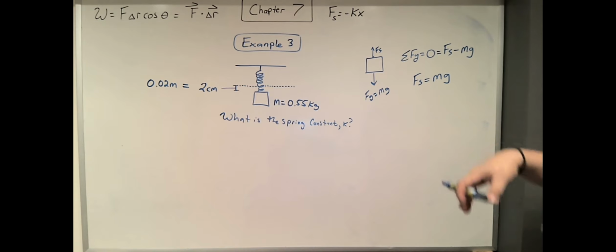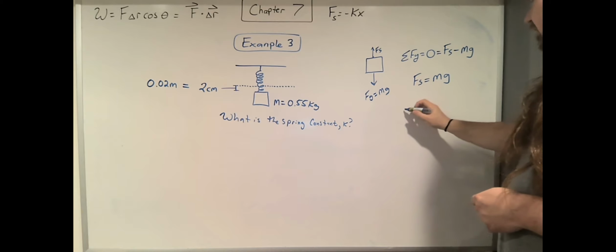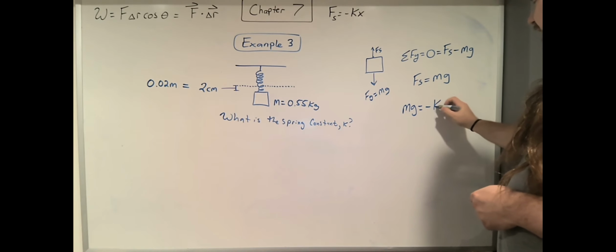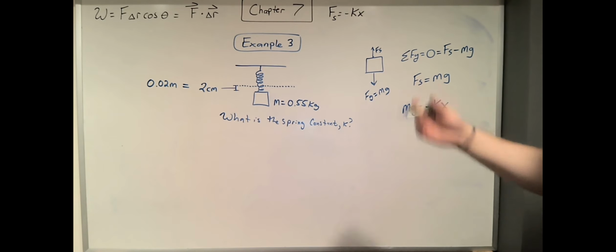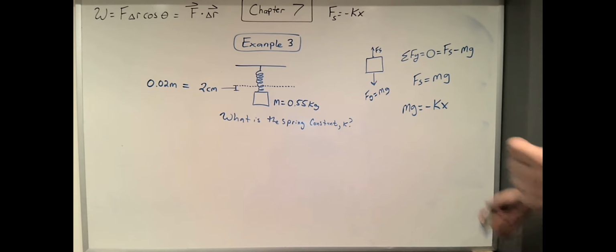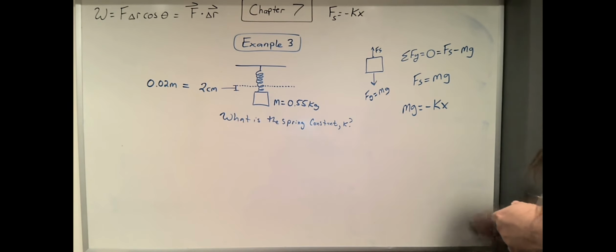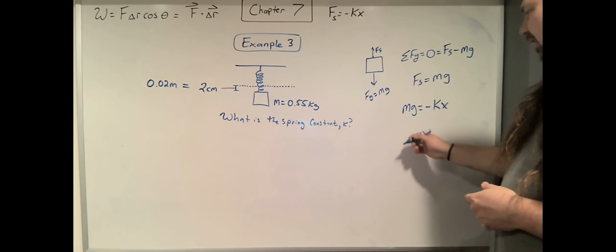Okay, that gives me a solution there now to this problem. So if this is equal to mg, I can say now that mg is equal to negative kx. Now this isn't always the case. You got to watch it because this is only a spring that's hanging vertically with nothing moving. It's a simple problem, and things might get more difficult as you go. But we should have everything we need here. We should have everything we need now.